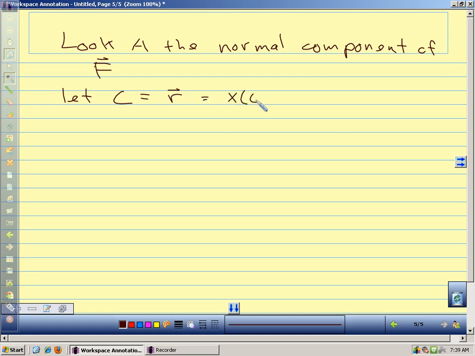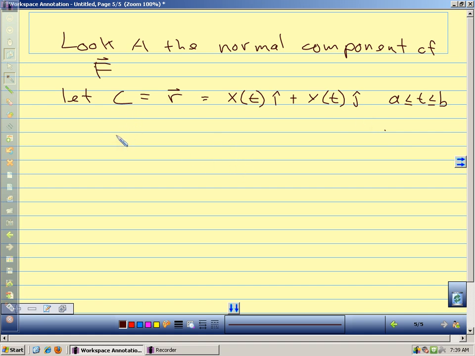So our path is x of t i plus y of t j, and we're in the plane, so we don't have a z component, for a less than or equal to t less than or equal to b. So this is our path.